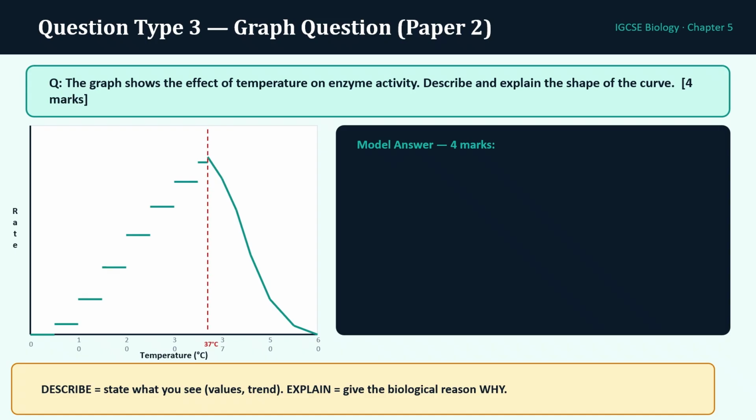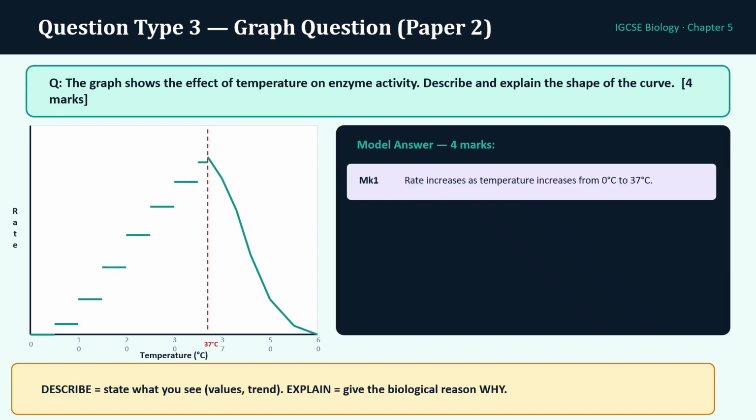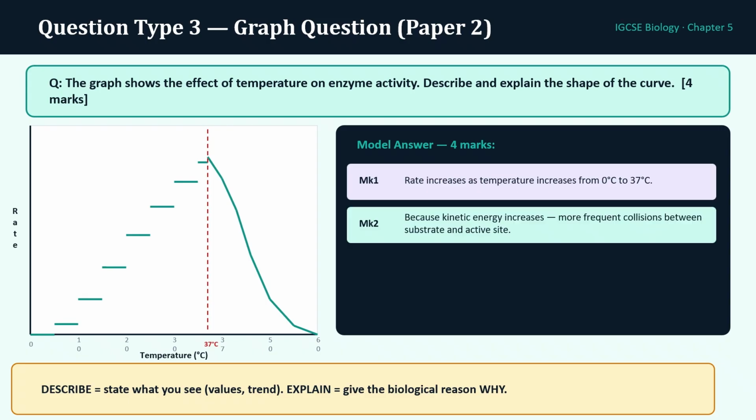Model answer is 4 marks, 4 points. Mark 1. Describe the rising section. The rate increases as temperature increases from 0 degrees centigrade to 37 degrees centigrade. State actual values from the graph. This is describe.